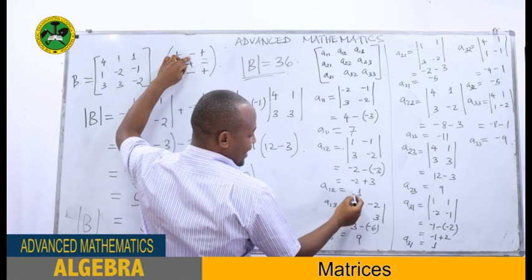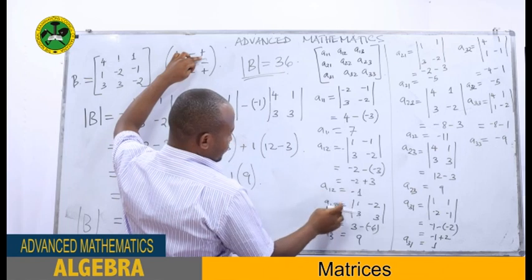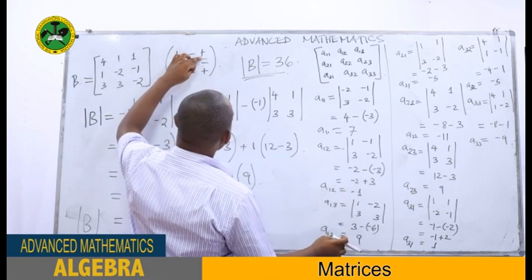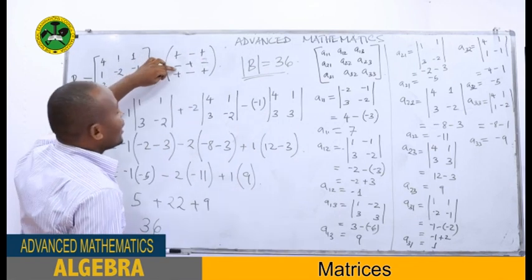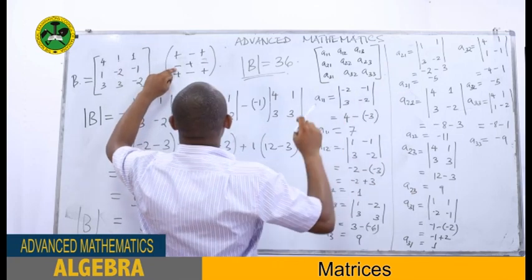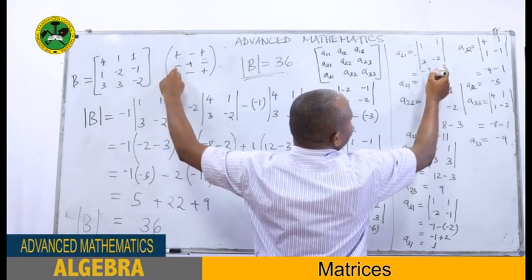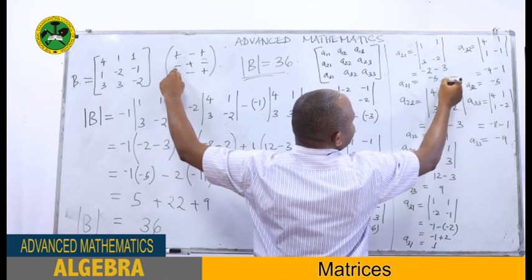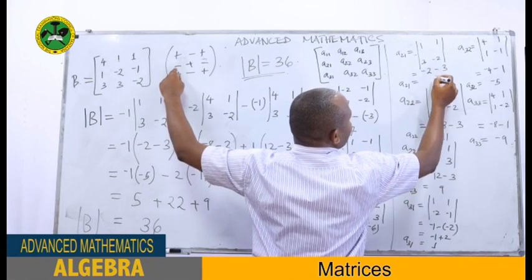Then the third one is supposed to be multiplied by positive, and it is positive. The fourth one is multiplied by negative, and all of this is negative. That means we shall have a positive 5.